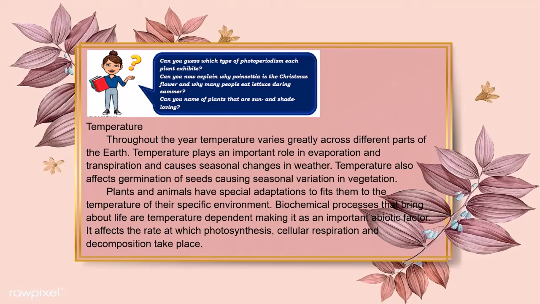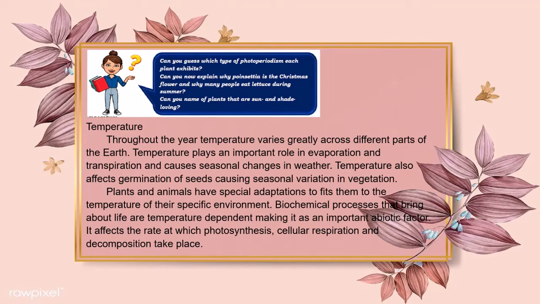Temperature. Throughout the year, temperature varies greatly across different parts of the earth. Temperature plays an important role in evaporation and transpiration and causes seasonal changes in weather. Temperature also affects germination of seeds, causing seasonal variation in vegetation.